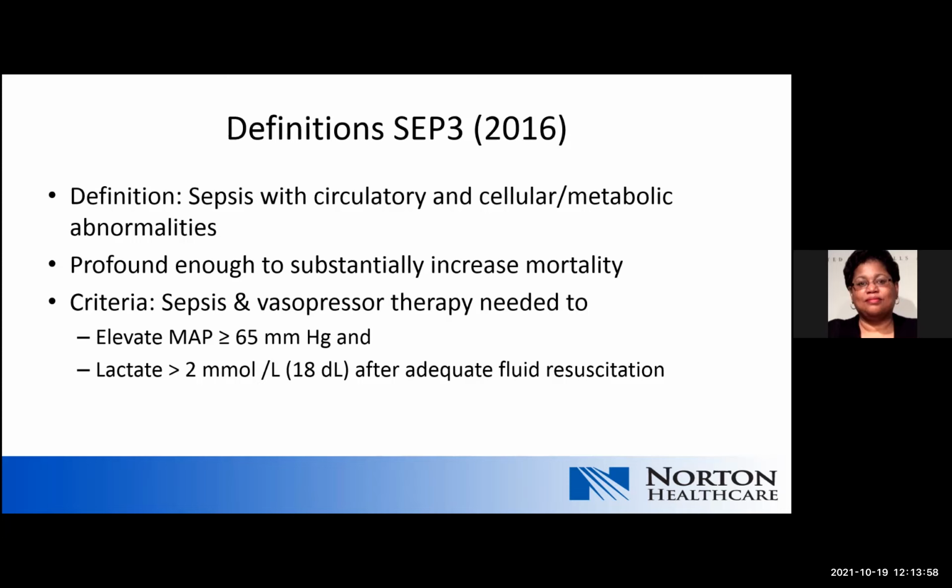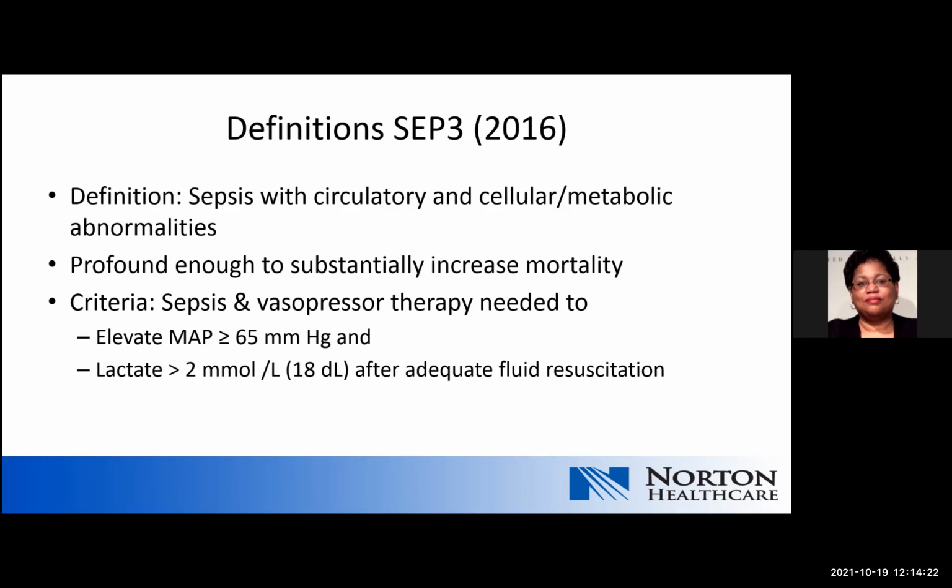And then again, whenever you're looking at the ICD codes and getting the credit and really understanding how many patients out there are septic, when we're looking at that literature and research, it was a little difficult to do that piece. So the definitions were updated in 2016, and you can see it here listed out: sepsis with circulatory and cellular metabolic abnormalities, profound enough to substantially increase mortality.